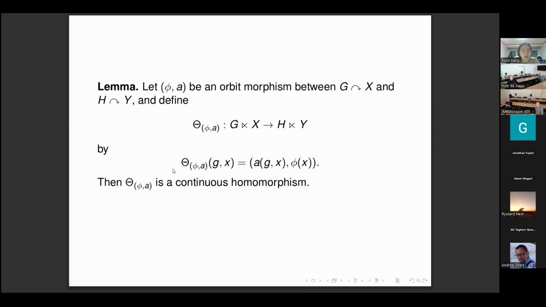Yeah, of course. Here is a lemma. When we have an orbit morphism between the partial dynamical systems, then we can define a continuous homomorphism from this transformation groupoid to the other one, given like here. Okay.